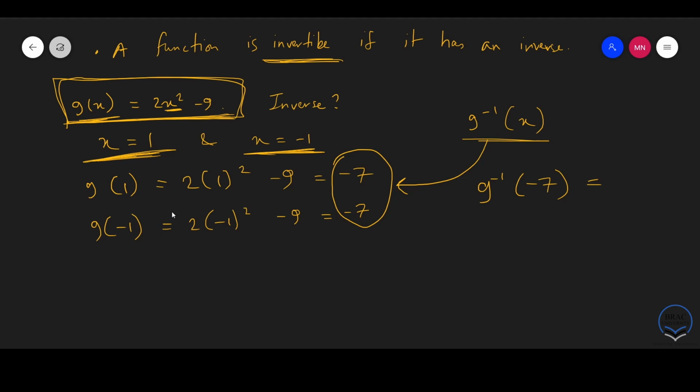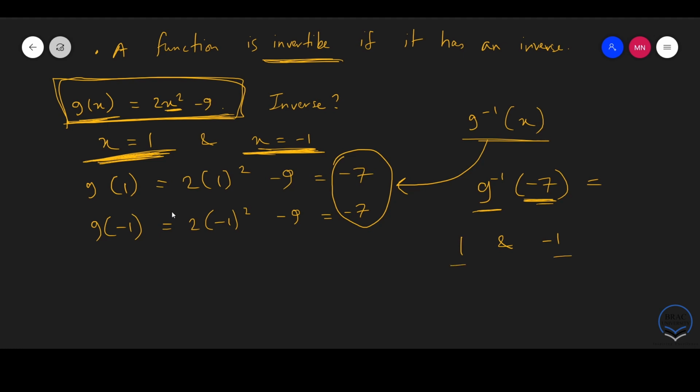When we take minus 7 as an input, what should we get as corresponding x values? Well, we would get either x equal to 1 or x equal to minus 1. So minus 7 for our inverse function should correspond to multiple outputs, 1 and minus 1.